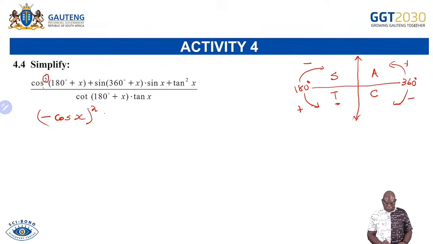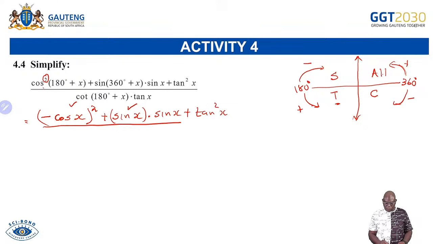Then you go to your 360 plus. 360 plus is the first quadrant. All of them there are positive, which means that sign is still going to be positive. Put it in brackets. Multiply by sine x, you don't do anything with that. Tan squared x, I don't do anything about it because it's already reduced. Already I've got 1 mark.